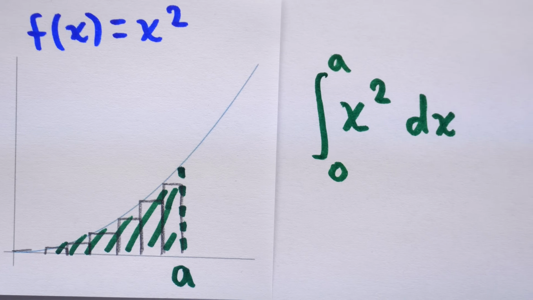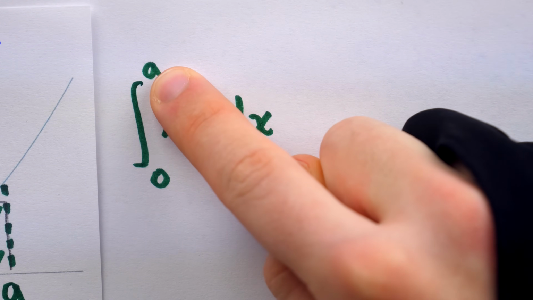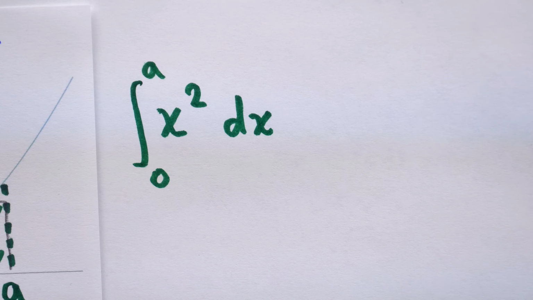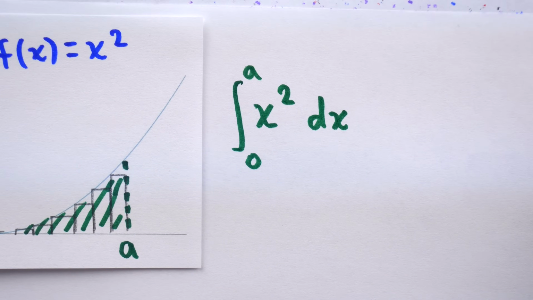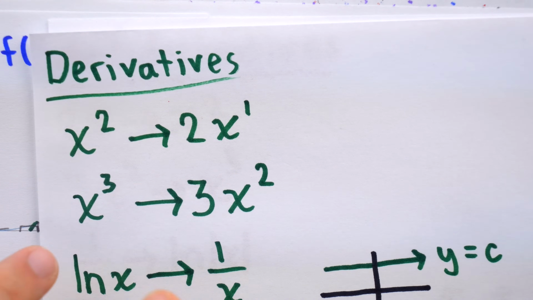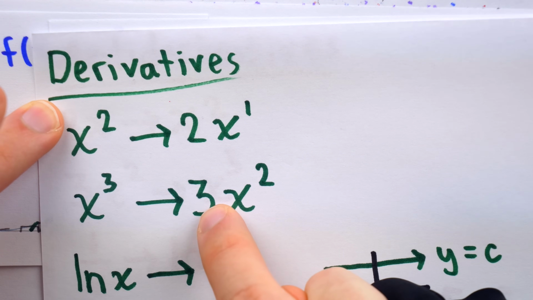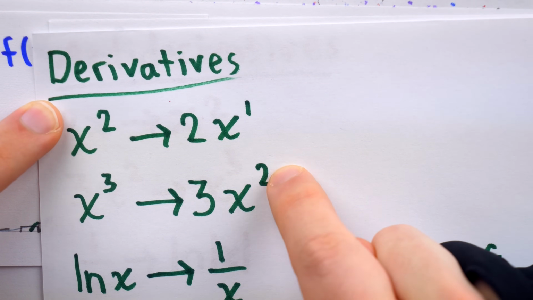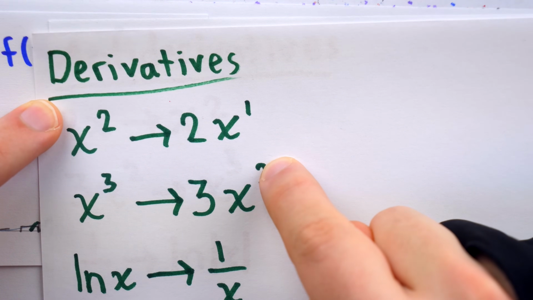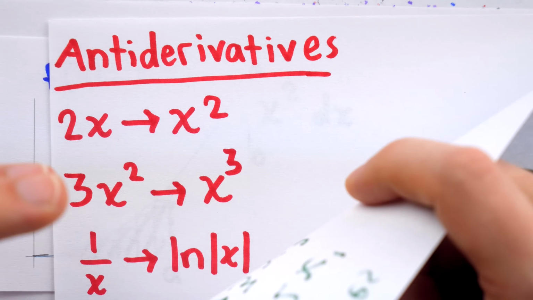So if we want to find the area underneath x squared from x equals 0 to x equals a, we really just need to find an antiderivative of x squared. Now, if you remember the power rule we described earlier, how to take the derivative of x cubed, for example, we bring that power of 3 down as a factor, and then reduce it by 1 to get a new power of 2, then it shouldn't be too difficult to figure out an antiderivative of x squared.